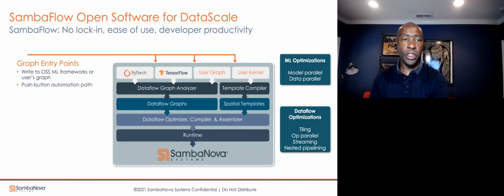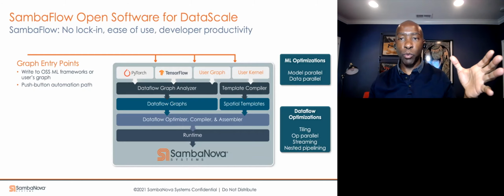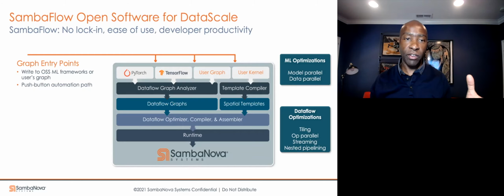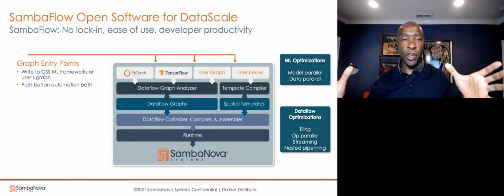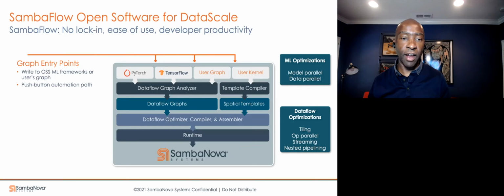And then once you represent your model in these frameworks, what you naturally get out is a data flow graph of machine learning kernel operations. And then there are lots of things that you want to do in order to optimize this graph to run on our SambaNova RDU chip, right?